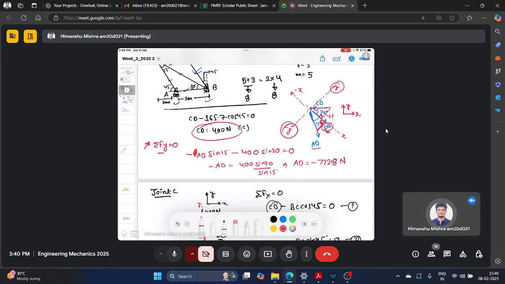Earlier we assumed the sign of AD here, going in the downward direction, but actually it should be in this direction, that is towards the joint. So earlier we assumed the force away from the joint, but it is now towards the joint because we got minus 772.8. It tells us it's a compressive force.